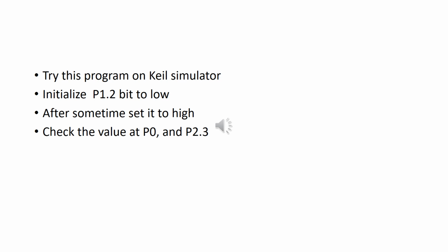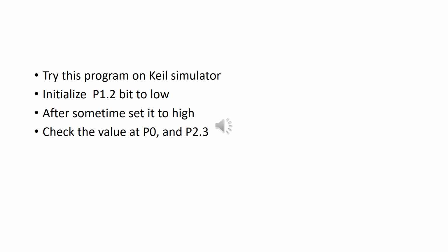There is a task for you. Try this program on the Keil Simulator. I think by this time you have already installed the Keil Simulator on your desktop or laptop. During execution, what you have to do is initialize the P1.2 bit to low and do nothing.